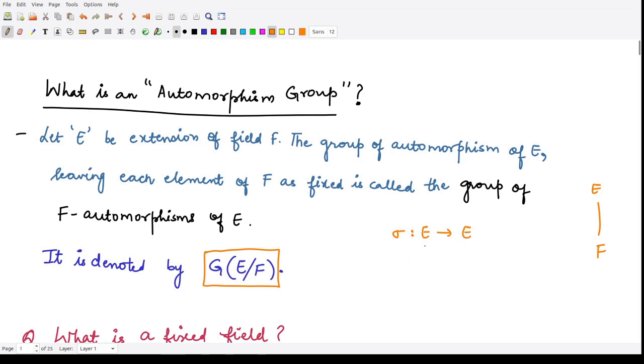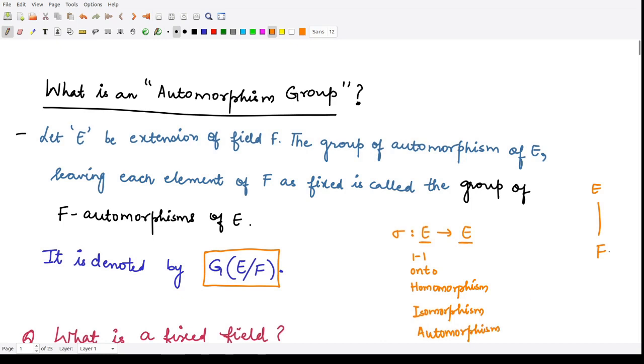That means the mapping is defined from the same field to the same field. It is 1-1, it is onto, and it is a homomorphism. If all these conditions are satisfied, your mapping becomes an isomorphism, and because it is defined from the same field to the same field, it is finally called an automorphism.